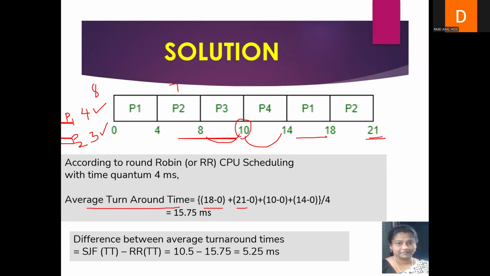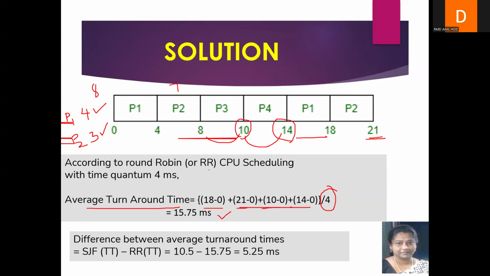Therefore, it is 18 plus 21 plus 10. And when does P4 complete? P4 completes at 14. Therefore, it is 18 plus 21 plus 10 plus 14. Total divided by 4, the total number of processes. Hence, we get the answer as 15.75 milliseconds for round robin algorithm.